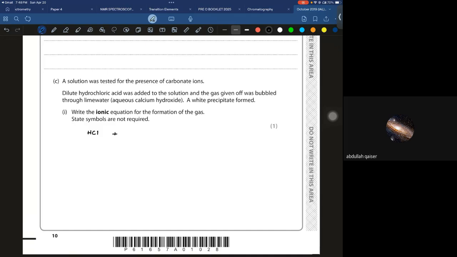So I think calcium, no. Let's suppose I'm taking sodium carbonate, and it would be giving us sodium chloride plus water plus carbon dioxide, right? Yeah, carbon dioxide and water. Of course, this is aqueous, this is aqueous, this is aqueous. This is gas. This is liquid.